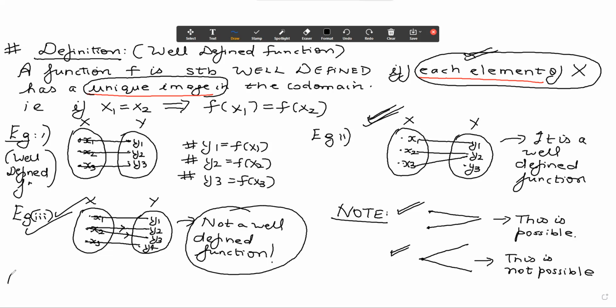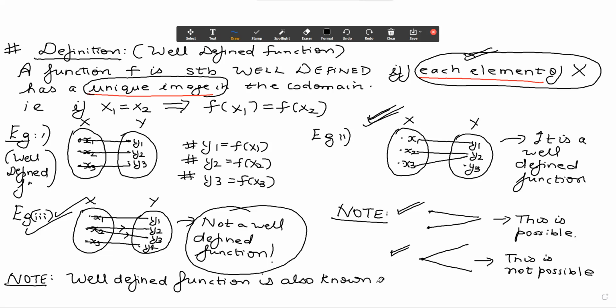And then all students can write a note. Well-defined function is also known as single-valued function.